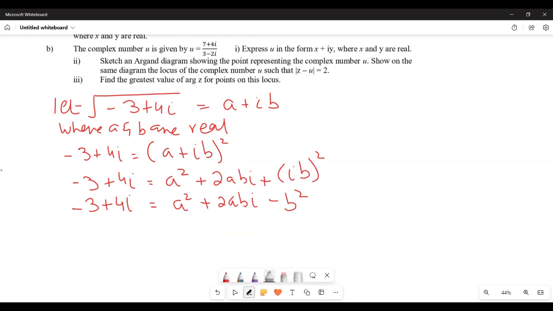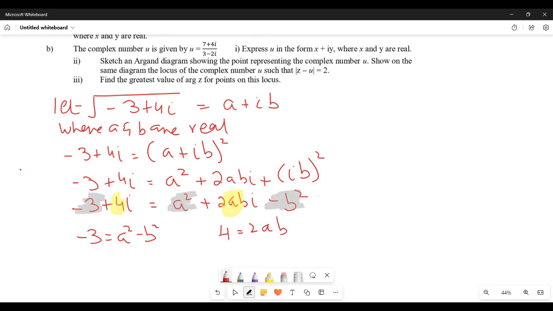The real term here is -3 and the real term here is a square minus b square. So -3 equals a square minus b square, and the imaginary term on one side is 4 and on the other side it's 2ab. So 4 equals 2ab. Now we have to use algebra here.